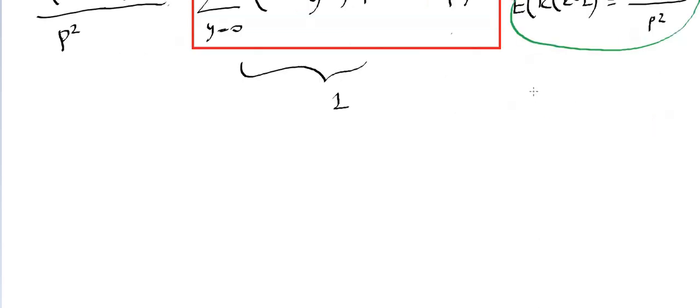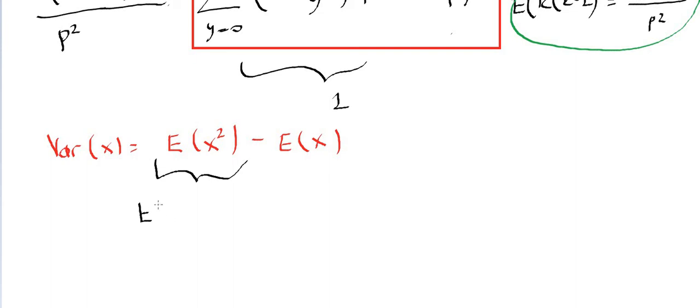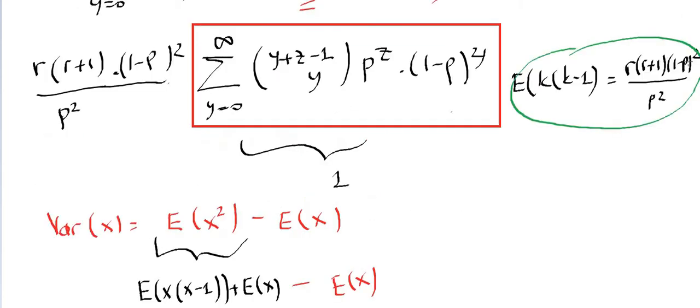Let's go back to the formula for variance. We said that variance is equal to expectation of x squared minus expectation of x, squared. And we said that we can use an equivalent formula for this, which is expectation of x times x minus 1, plus expectation of x, minus expectation of x, squared. Now let's substitute everything. Expectation of x times x minus 1, we found this one.